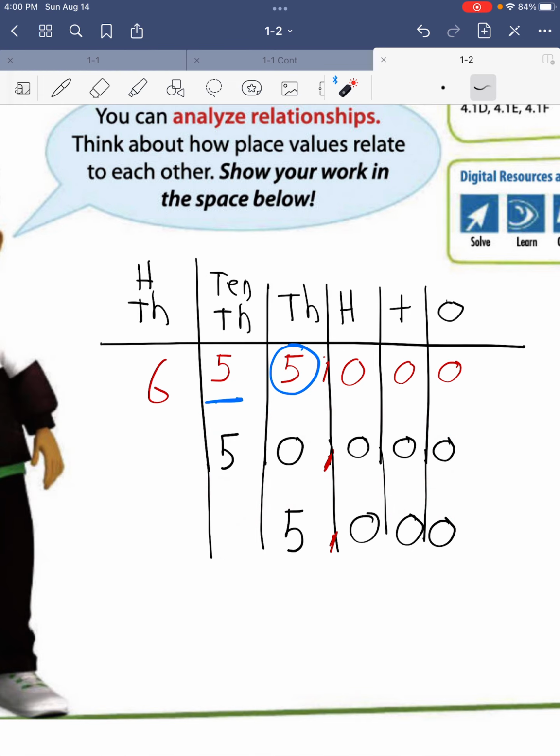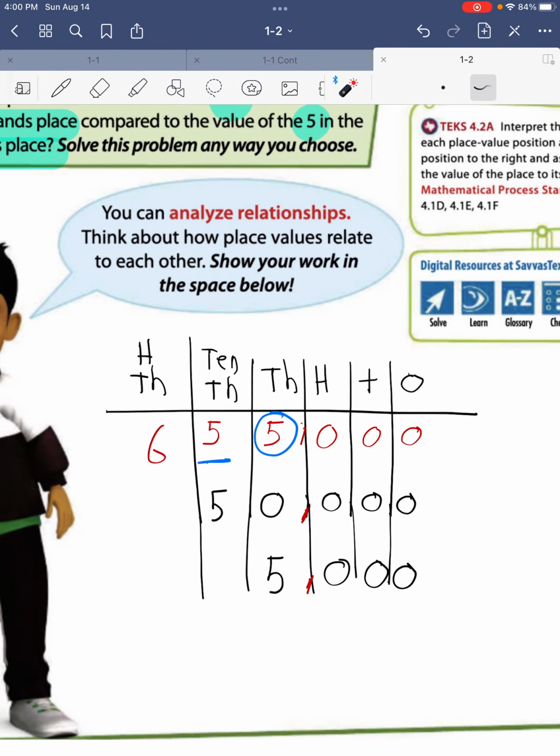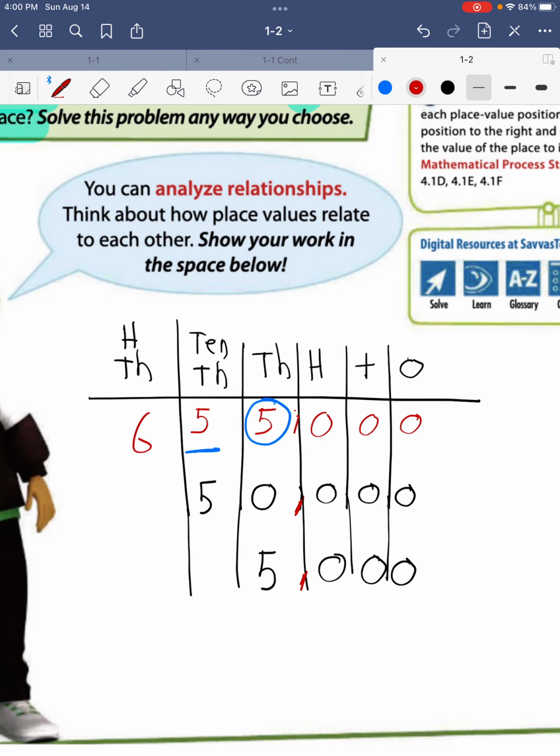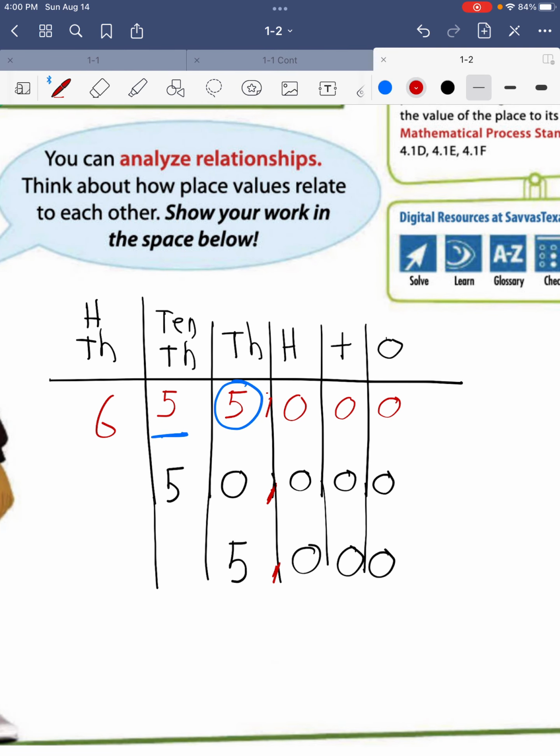Okay. Now, one thing about this is that when you have two numbers next to each other and they're the same number, so these 5s are next to each other, they're best friends, and they're twins. They're both a 5. When it's like that, I can do this little trick. I can put left here, and I can put right here.